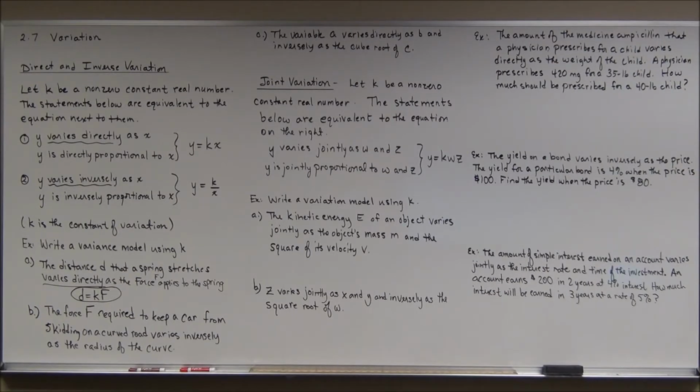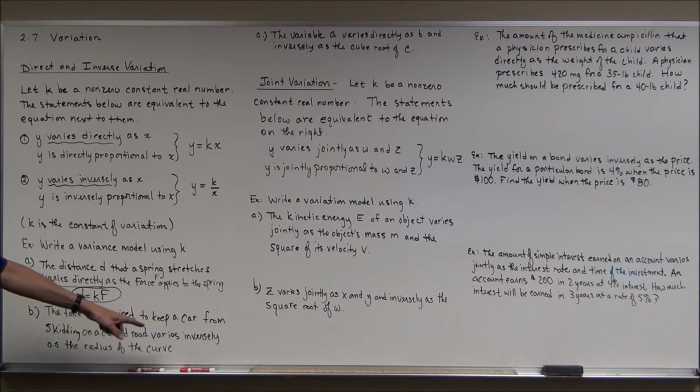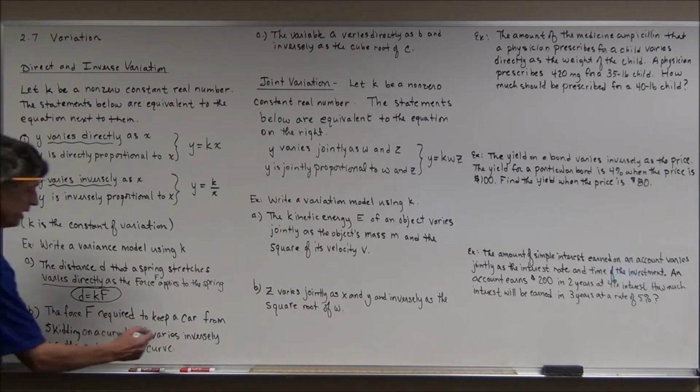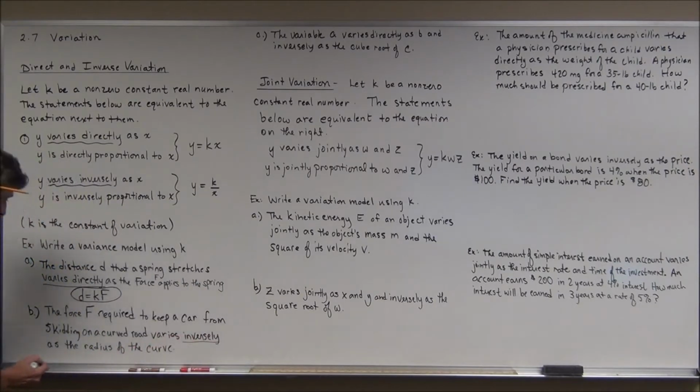There is my equation that models this particular problem. Part B: the force F required to keep a car from skidding on a curved road varies inversely as the radius of the curve. Have you done any driving? The tighter the curve, the more difficult it can be, based on your speed, to keep the car from skidding off the road. So in this case we look for the key word, and that is inversely.